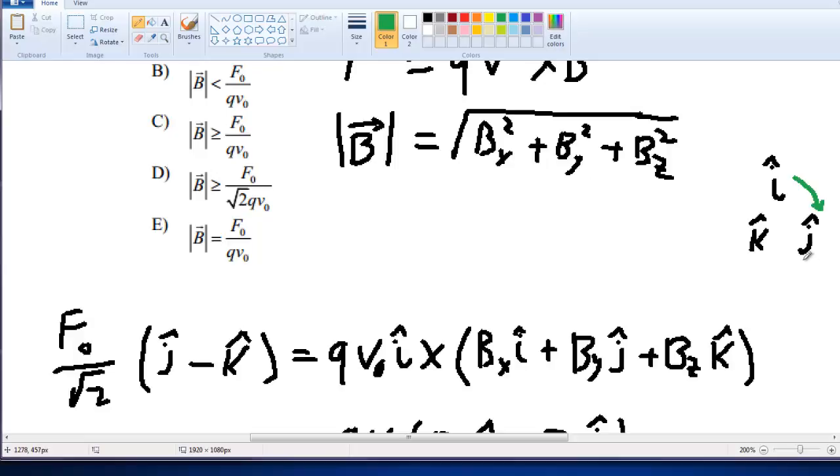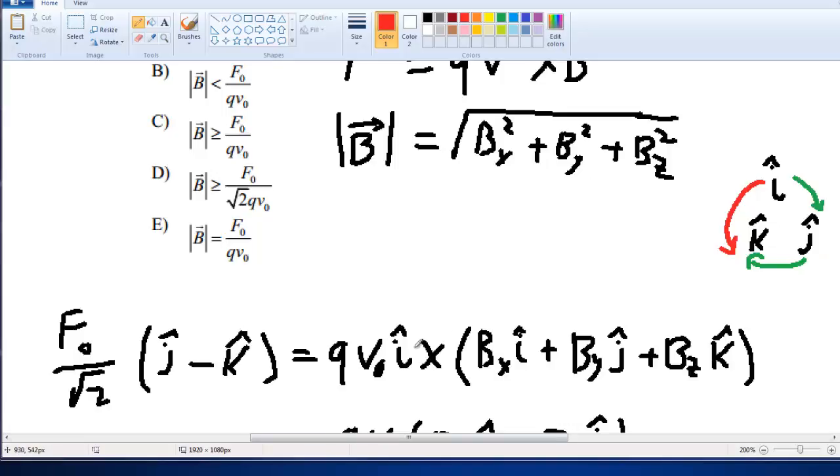And same as j hat cross k hat will equal I hat. Now, if we want to do I hat cross k hat, we have to go in the other direction, and that's going to give you a negative. So we have I hat cross k hat would equal negative j hat.